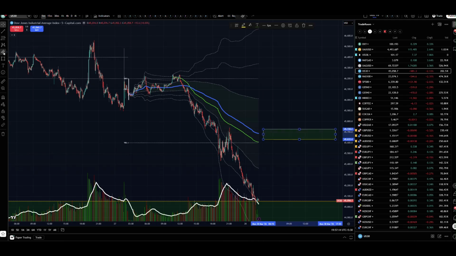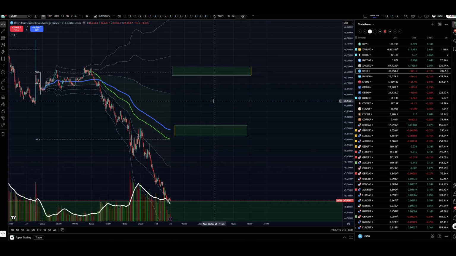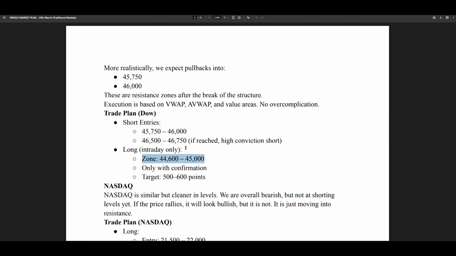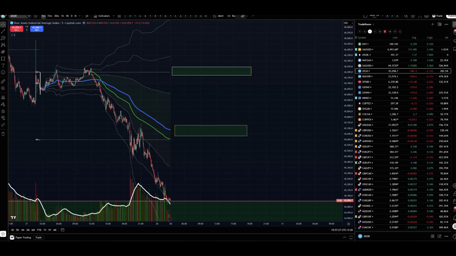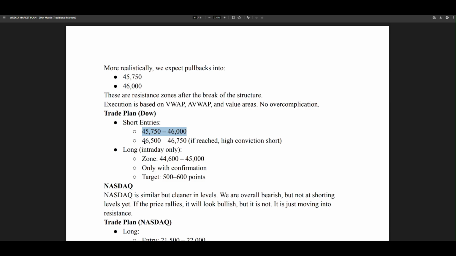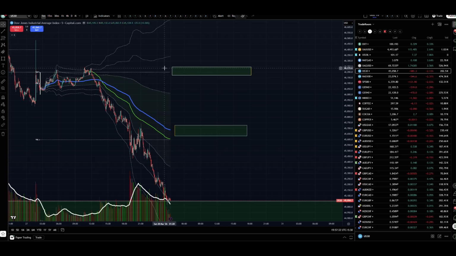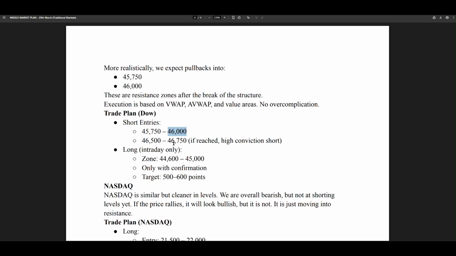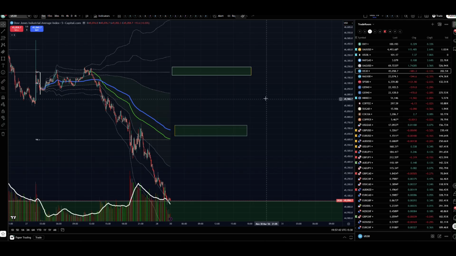That's a short area. This value area high from yesterday is 46,200. That's a short area, and that's what is mentioned. So 45,750, 45,700, and 46,000. It's clearly aligning with the plans. And 46,500 and 46,750 is high conviction short, and I'll show why.